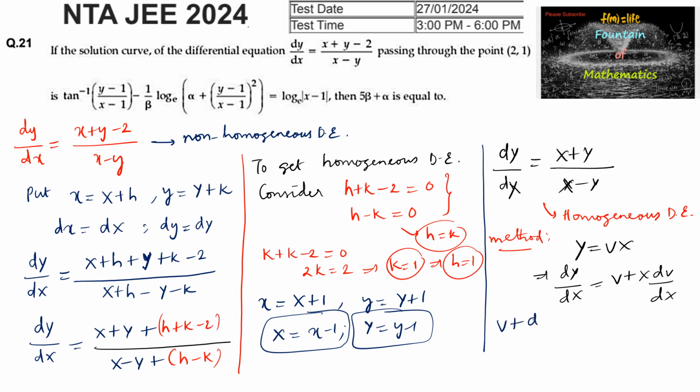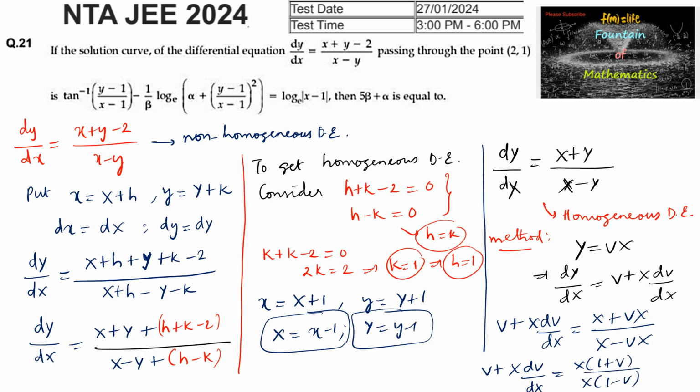v plus x into dv by dx is equal to x plus y upon x minus y. So we can write here x plus vx upon x minus vx, that is v plus x into dv by dx is equal to, x taken common, 1 plus v upon x taken common, 1 minus v.